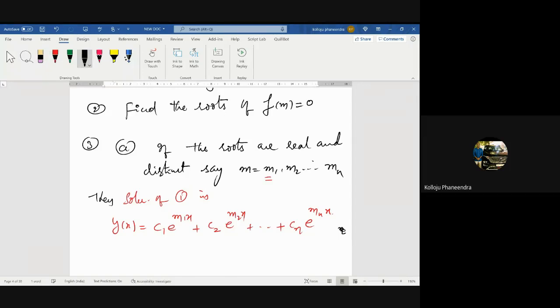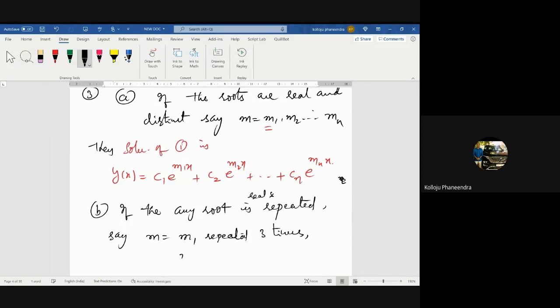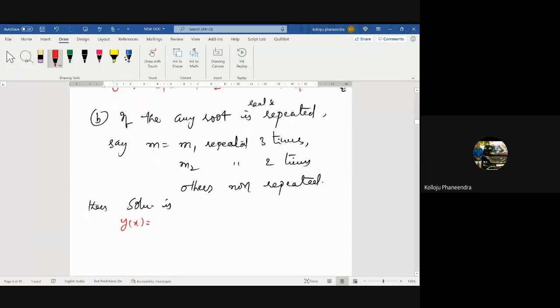Next one, point B. If any root is real and repeated, say m equal to m1 repeated 3 times, m2 repeated 2 times, others non-repeated, then solution is y of x equal to, see, m1 repeated how many times? 3 times.